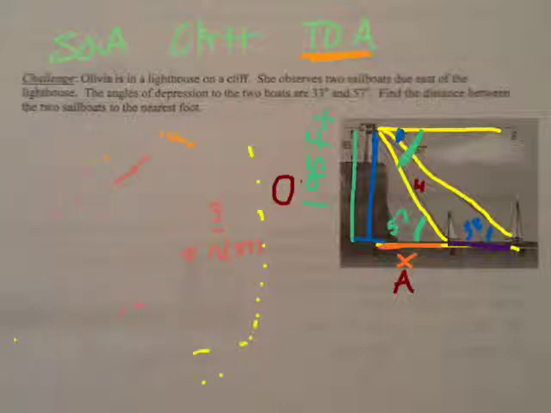But we want to find the distance of the whole entire bottom part from the last boat to the tower, and subtract it from the distance that we got in the first one, which was 126.6, the orange part.